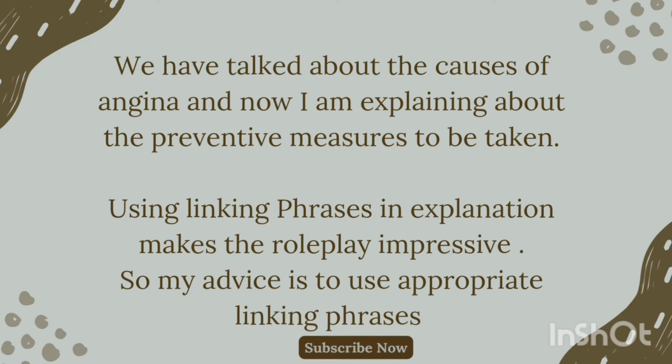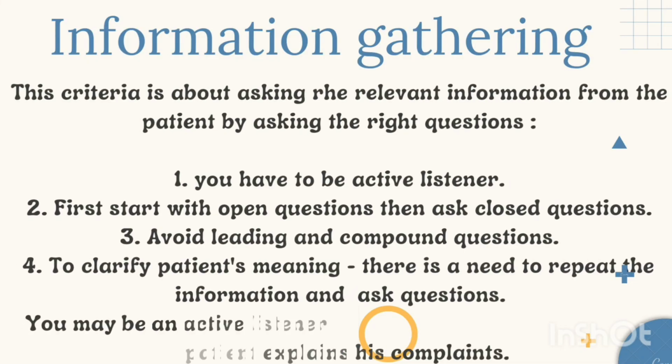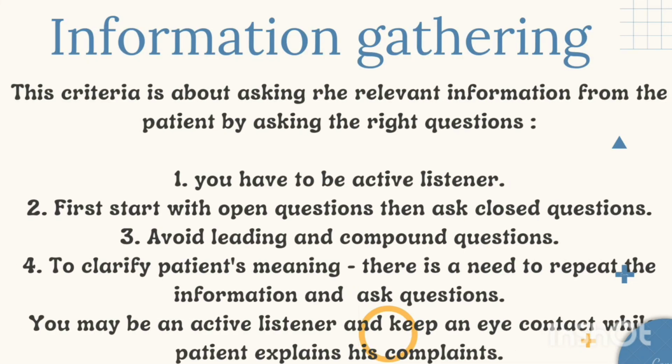Now, fourth criteria, that is information gathering. This criteria is about asking for relevant information from the patient by asking the right questions. I'm giving some relevant information regarding that. You have to be an active listener.